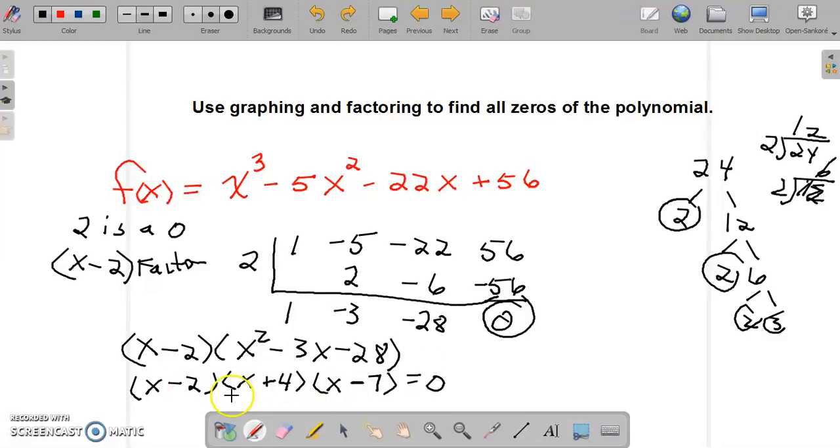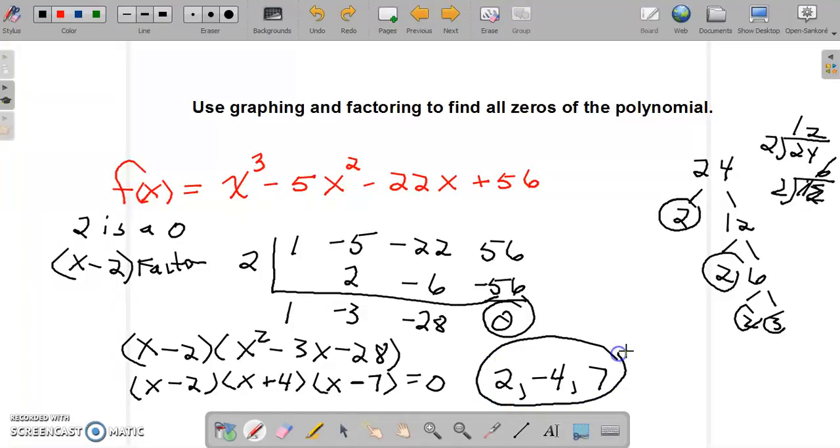We already know that 2 is a zero. If x is negative 4, that's also going to make that polynomial a zero. And if x is 7, it's going to make it a zero. So the 3 zeros are 2, which we saw on the graph, negative 4, and 7. Those are the 3 zeros.